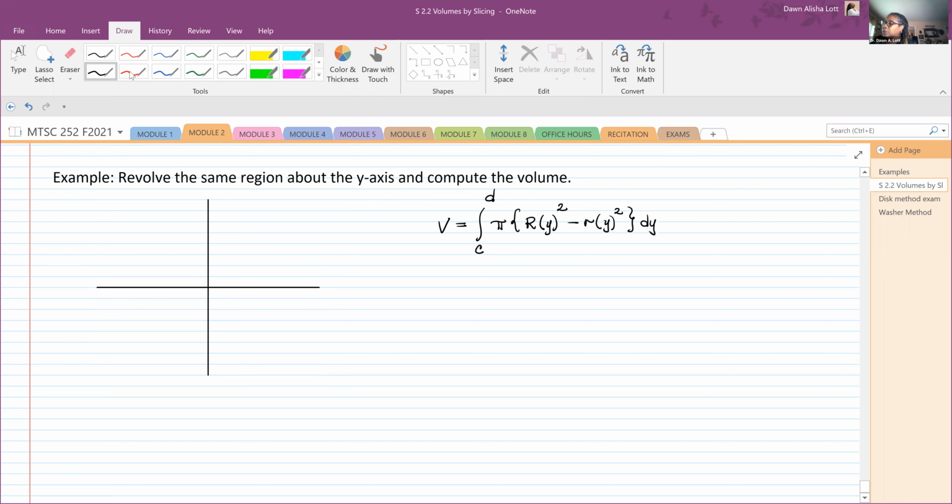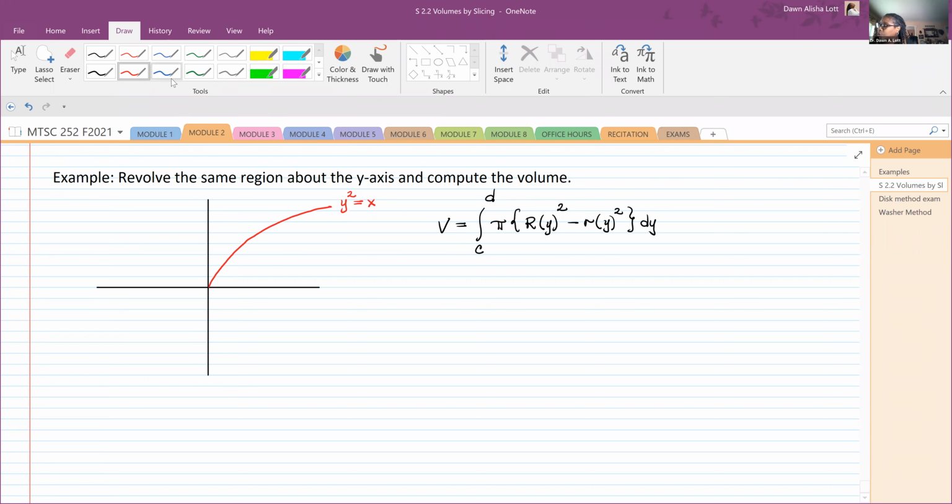So I'm going to get the same curve, x is equal to y squared. That one's already perfect, because this one was y squared is equal to x. So I already know what x is. So that function is x.